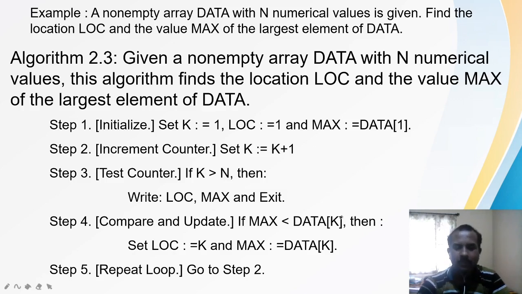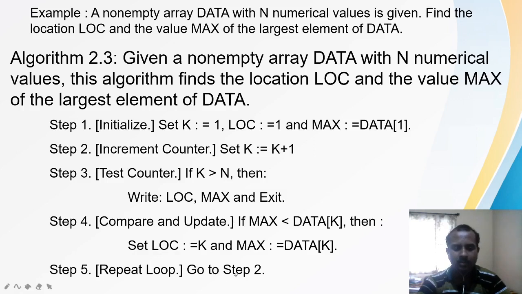Okay, if max is lesser, then you are going to change the location and then change the maximum element. If that is not the case, if max is greater or equal, then you keep it as it is. You are not making any changes.